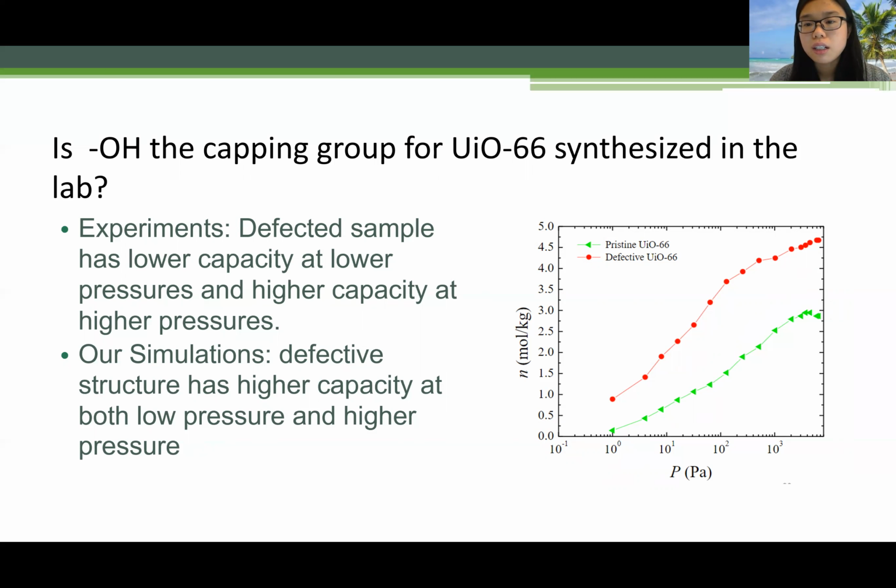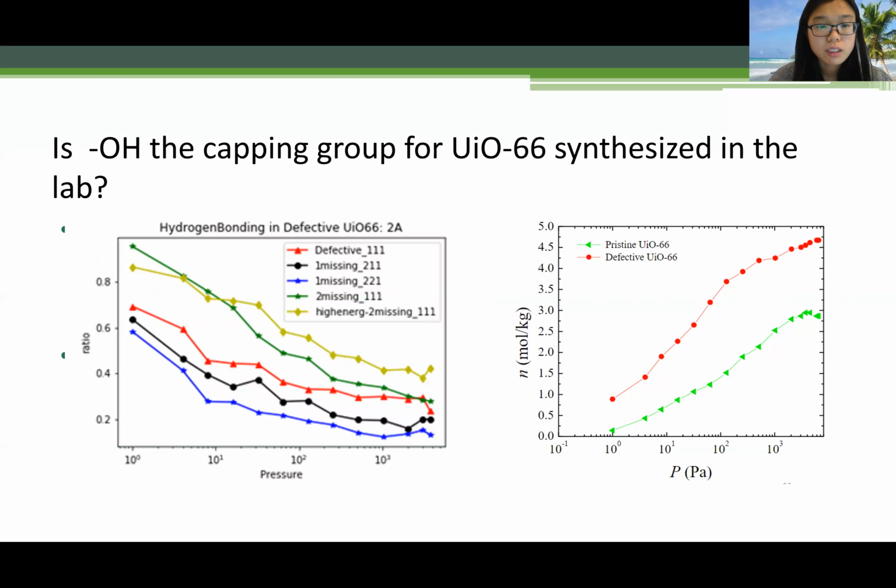However, in our simulation, the defective structure has high capacity at both low pressure and high pressure because of the added OH groups. And you can see that at low pressure, lots of IPA are bonded to the added OH or mu3-OH.